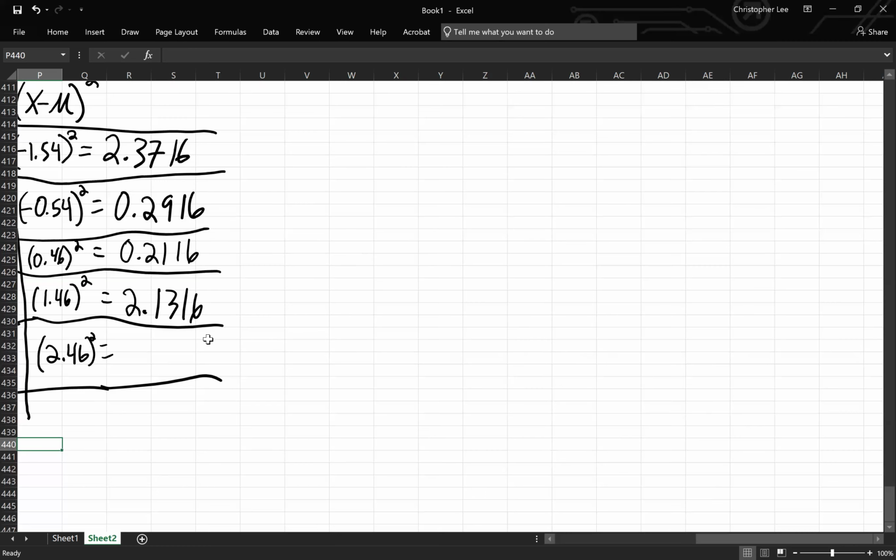Got you. So it'll be like multiply by itself like this. But y'all have calculators, so I'm trying to get through this quickly. So what's the last one? It's 2.46 squared.